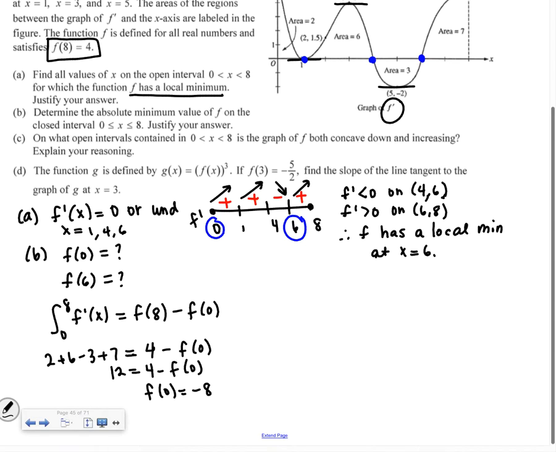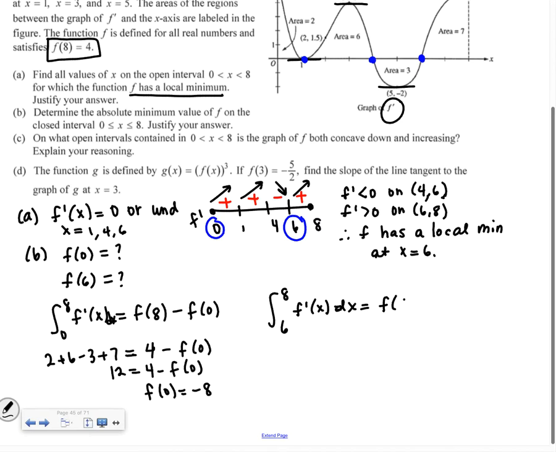All right, so now we want to find f of 6 and compare. So if I'm finding f of 6, I'm going to set it up the same way. I'm going to use the one that I was given, which is right here, right? So I'm going to use f of 8 is equal to 4, and I'm just going to find from 6 to 8. And I'm going to integrate f prime of x, dx. I forgot my dx over here, didn't I?